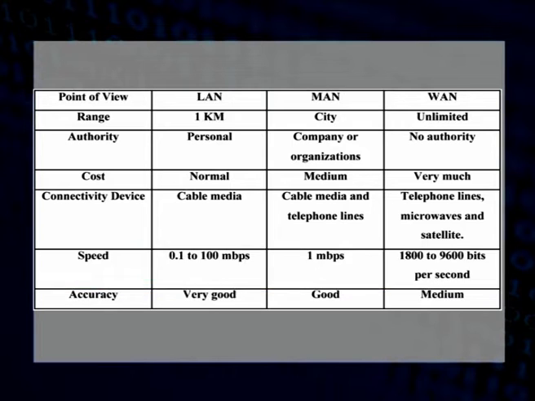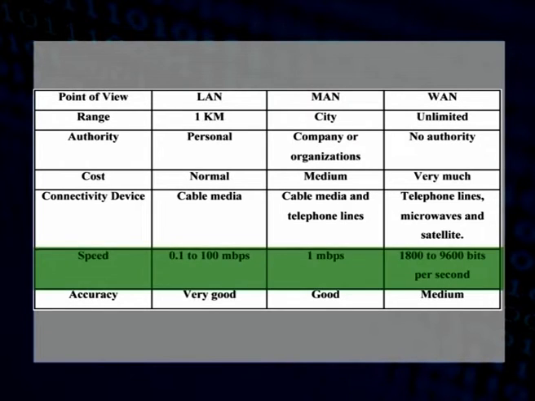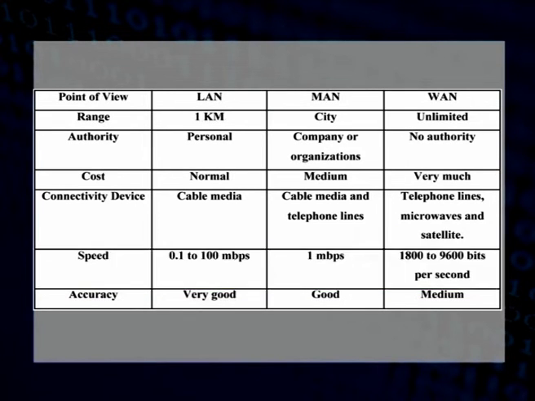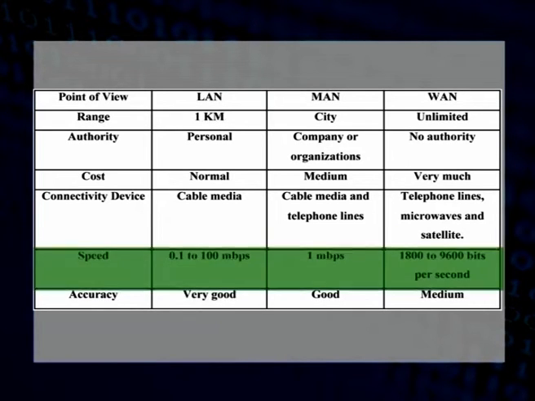Speed: for LAN it is 0.1 megabit per second to 100 megabits per second. For MAN it is 1 megabit per second, and for WAN it is 1800 to 9600 bits per second.